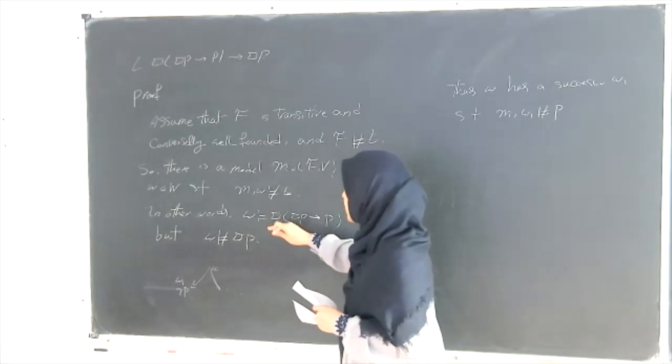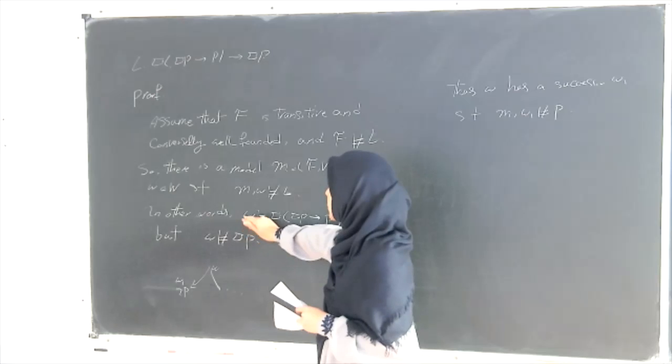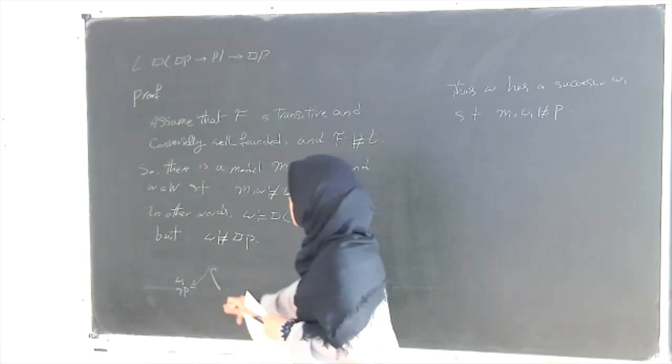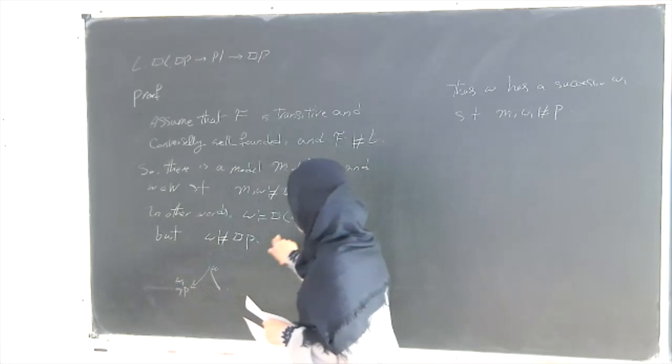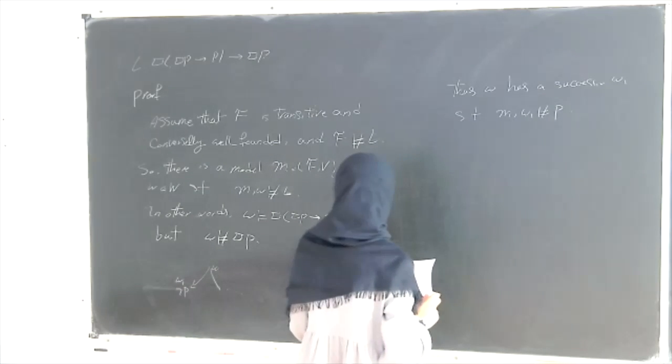Also, we have that box of P then P is true in W. So in all of its successors, including W1, box P then P is true.